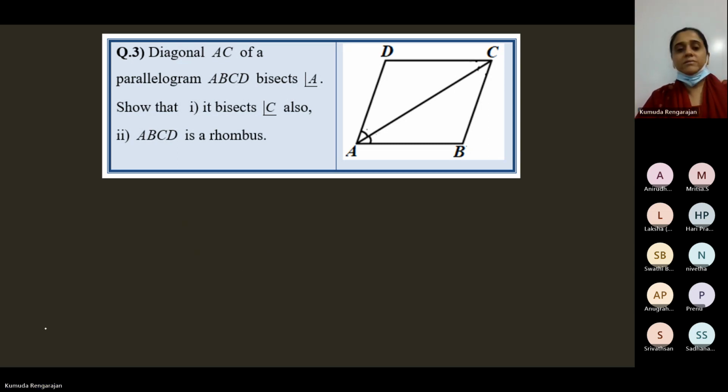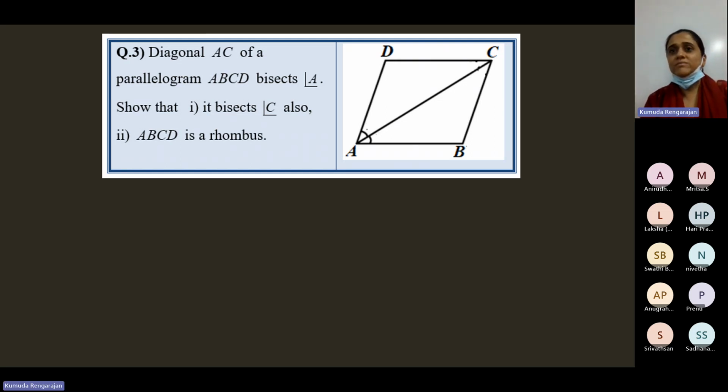Then prove that ABCD is a rhombus. So this again is a property. In a parallelogram, if a diagonal bisects the corner angles, then it's a rhombus. The other diagonal also will bisect the corner angles.